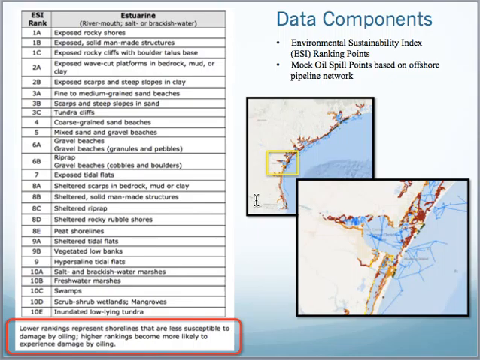So basically what I did was I took pipeline data and chose 4 mock oil spill locations and integrated that with the correlation between the location and ranking of the sustainability and susceptibility to an oil spill up and down the Texas Gulf Coast.